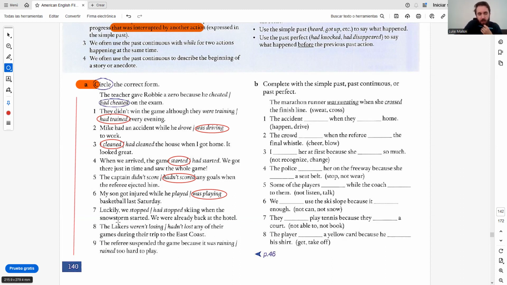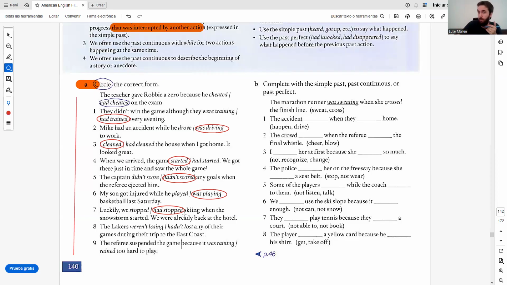Number 7, luckily we had stopped skiing when the snowstorm started. We were already back at the hotel, so we know that the skiing had stopped. Not snowstorm, then stop. It was stop, then snowstorm.